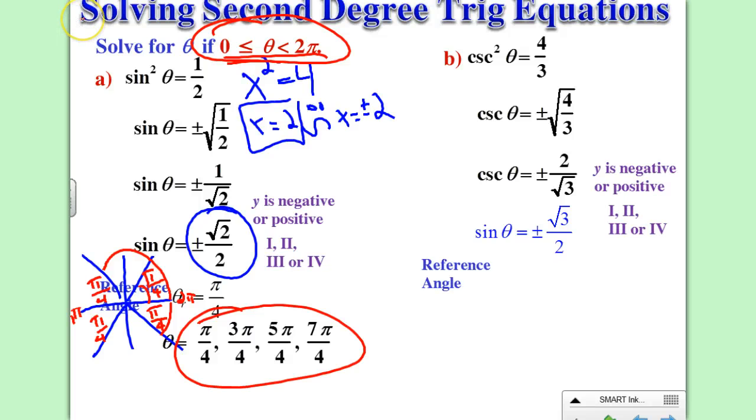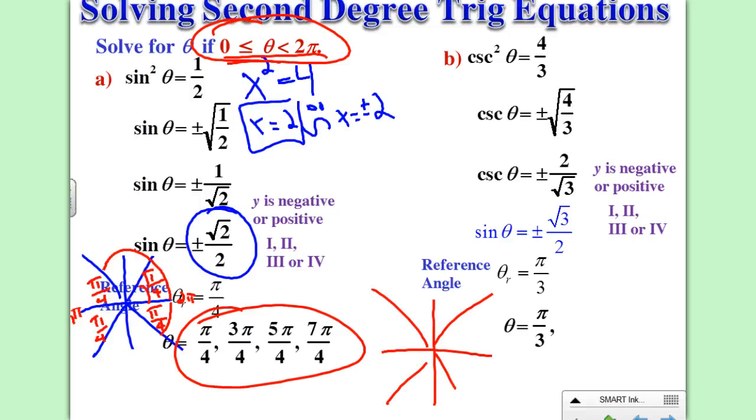If it was degrees, you'd say 60, but I'm not going to say 60 because it's pi/3. And I put pi/3 in all of the quadrants, okay? And just like we did in the last one, 1, 2, 3, 4, pi/3 in every quadrant, you end up with pi/3 and 2 pi/3 and 4 pi/3 and 5 pi/3, okay?